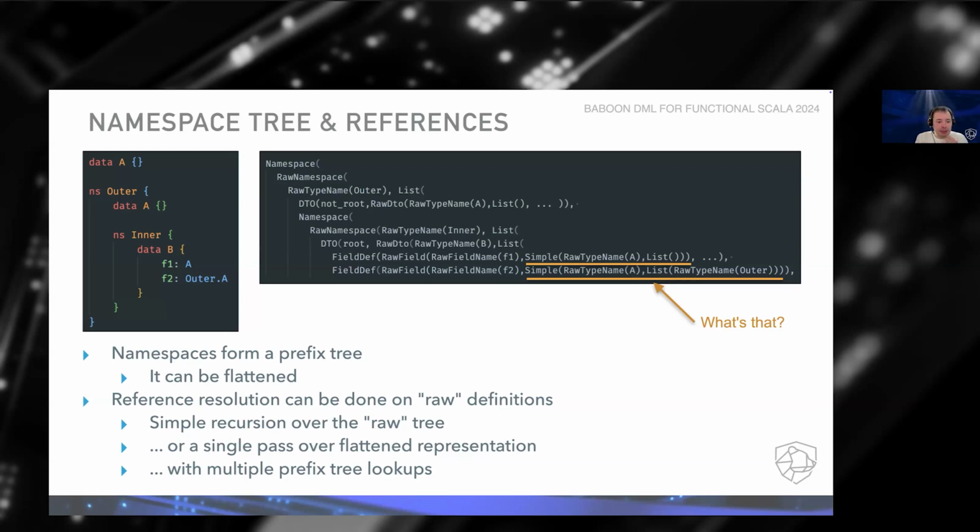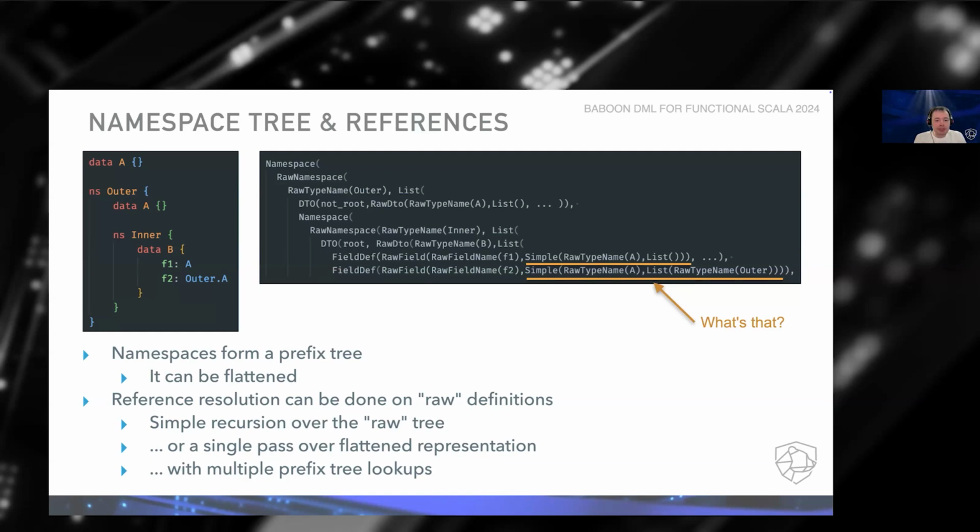When we look at this code, we might assume that both fields in B reference record A defined inside of the outer namespace. That is sound and logical. Although it might be not that obvious for our program when it meets some reference to a type named A somewhere in the tree, but has no idea where it comes from.